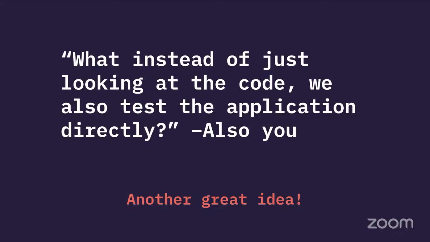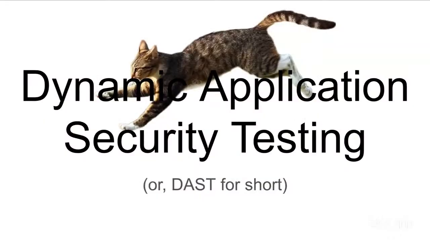And so scanning the code is one thing, but sometimes you want to validate the source of truth, which is you want to go directly to what's running in production or on a staging environment, and you want to scan that directly. Okay, so now we're moving from static analysis, which is looking at the code line by line, to dynamic analysis, which means it goes straight to the actual app that's running and scans that.